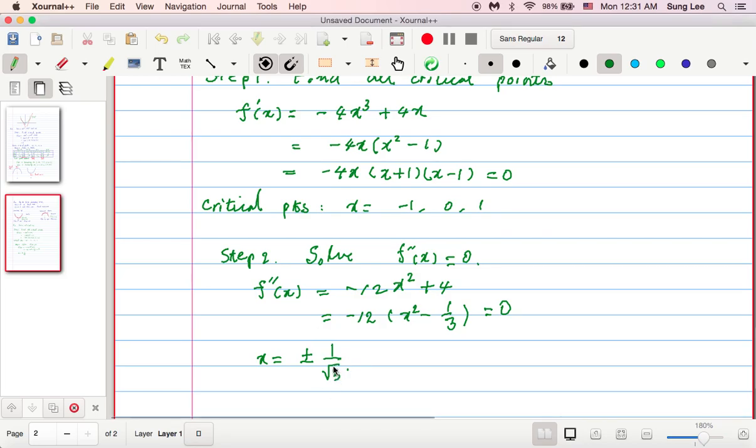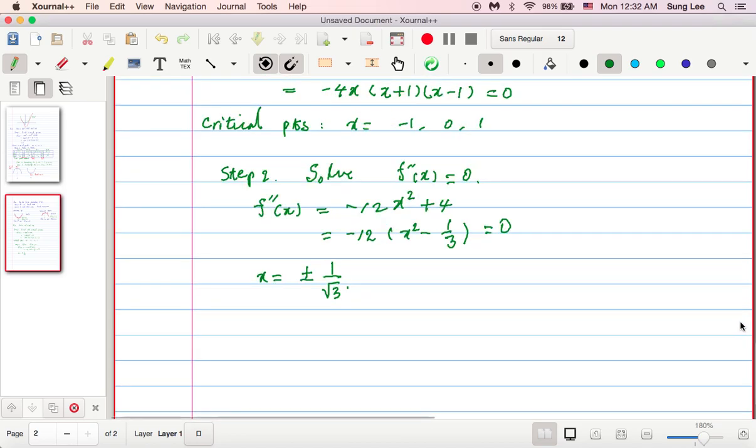We don't know whether one of them, or both of them, give rise to an inflection point. That can be done by considering the sign of f double prime of x, just like the increasing decreasing test. So by applying the concavity test.